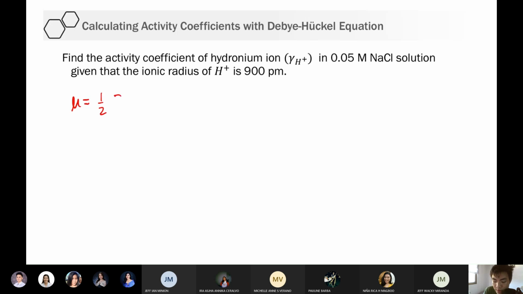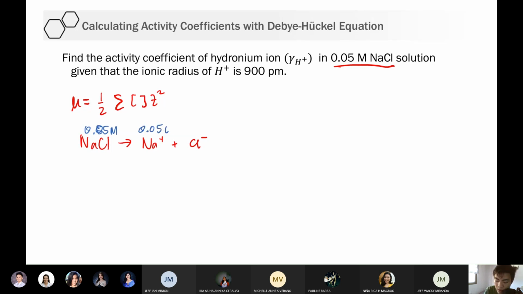Again, mu is half of the sum of the concentrations times the charges squared. For the NaCl solution, let us write the dissociation. We have Na plus and Cl minus. If we have 0.05 molar of NaCl, what will be the concentration of the other ions?